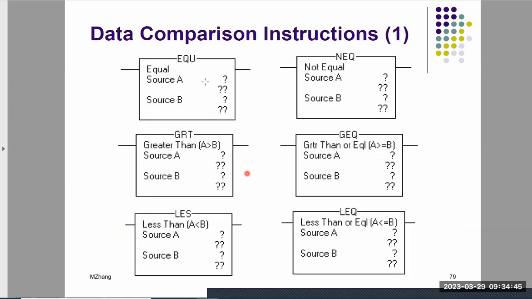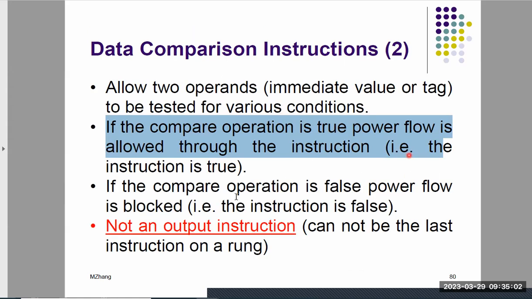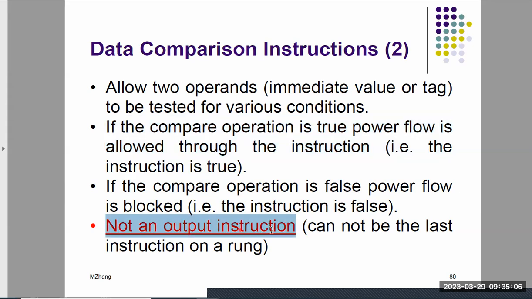So whatever operation you want to do, if the result is logic true, it's similar to a push button being pressed or something like that. That's most important: it's in red ink, not an output.